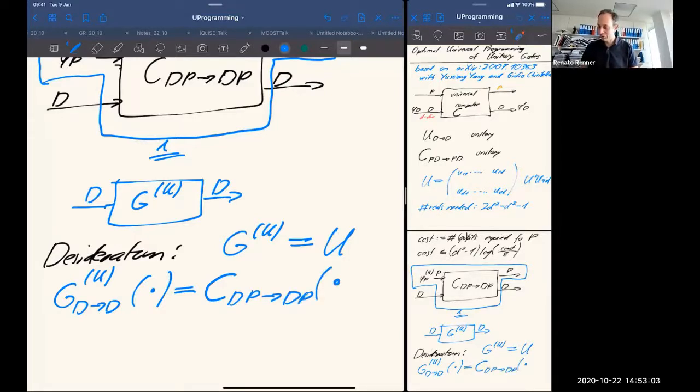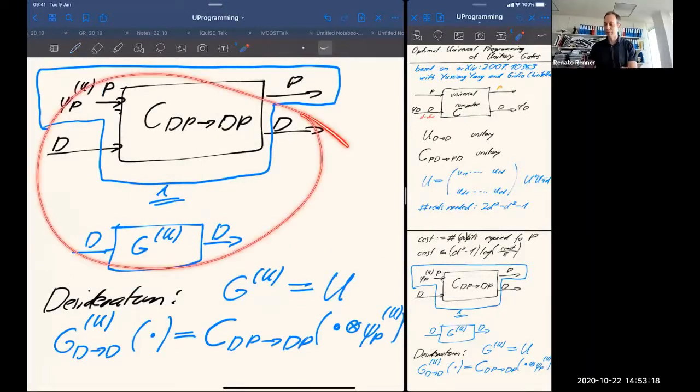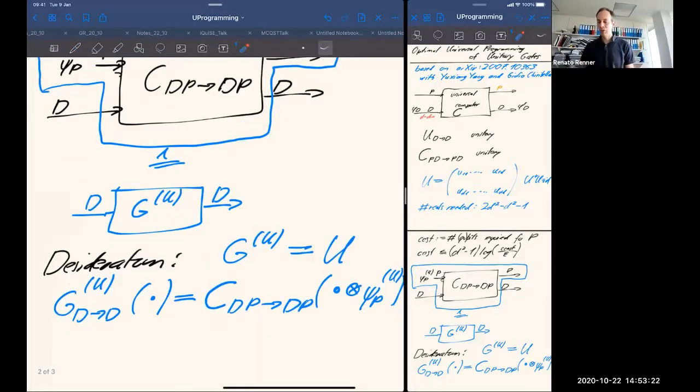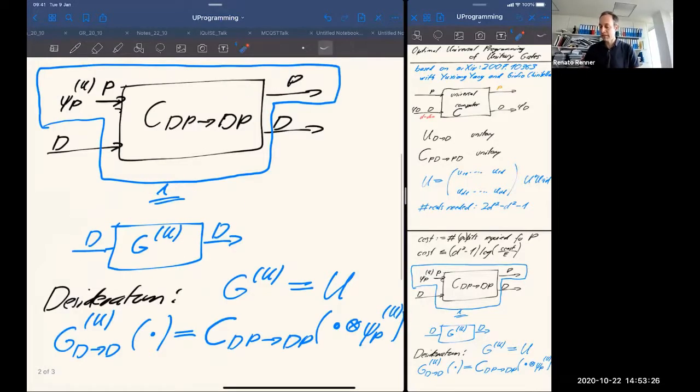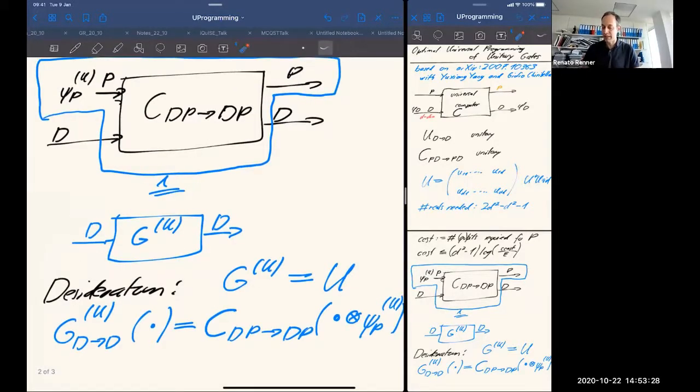So the dot just means I don't fill it in with anything, but input into the program the state that encodes the program for the unitary U. So that's just in formulas written what I've here sketched. It just means that's what we mean by the execution of the universal processor.